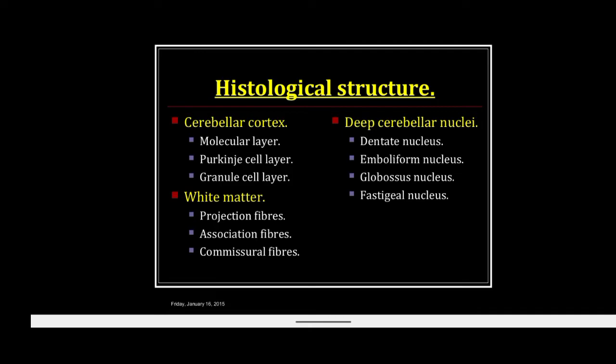Further, the cortex is divided into 3 layers and contains 5 different types of cells.